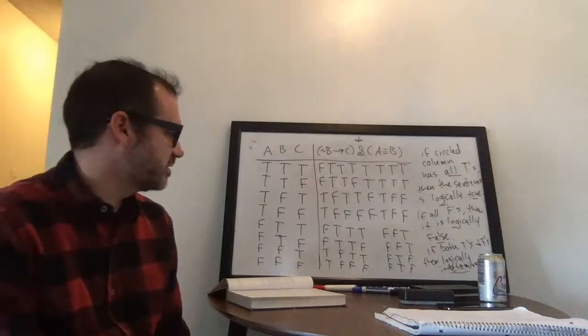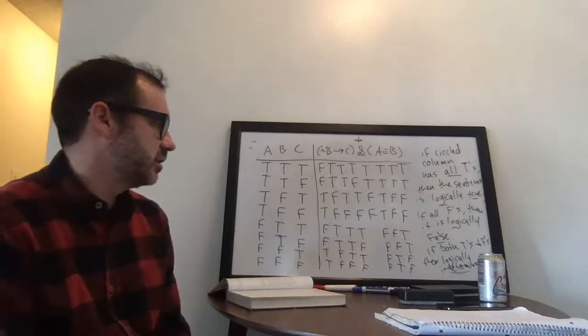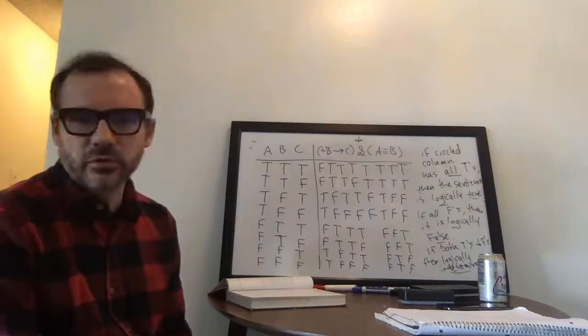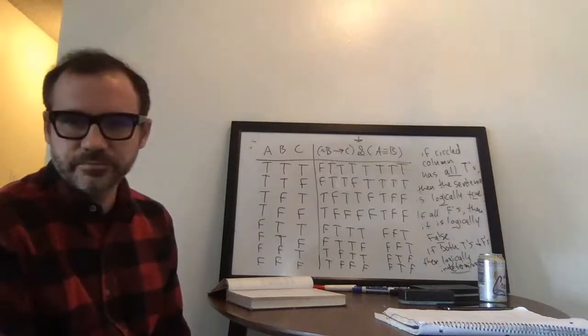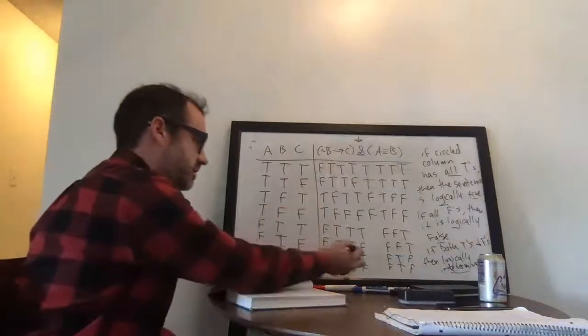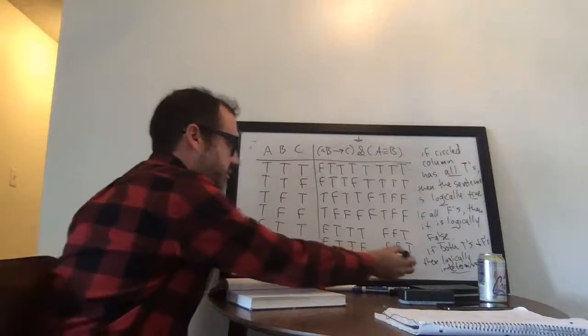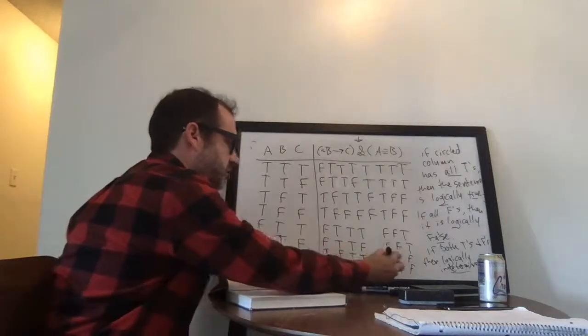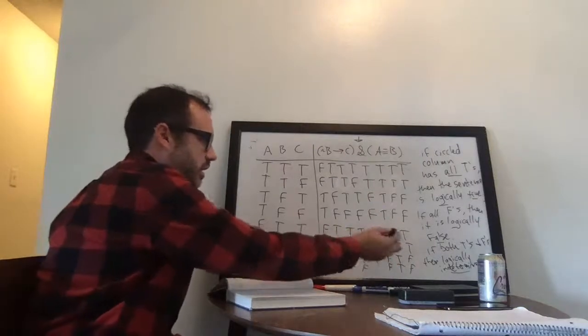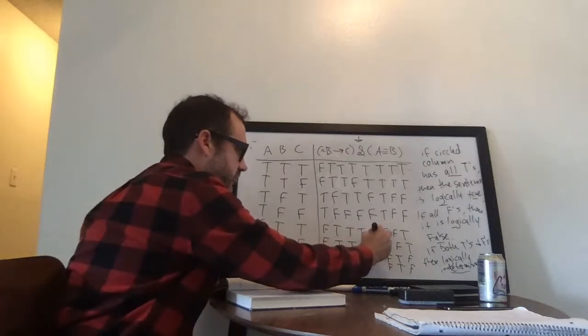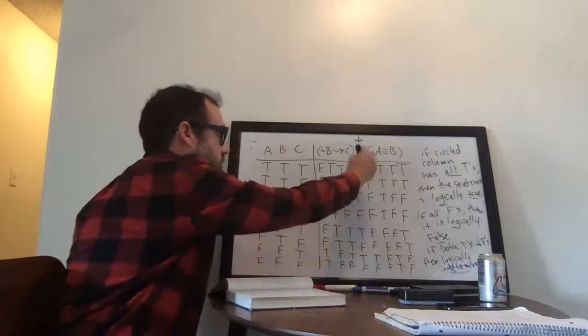Out of 5, 6, 7, and 8, tell me which ones of those 4 are actually true. Yes, only row 7. Only row 7 because of this T here and this T here. Since all others have at least one of the components on the left or right as false, they're each false aside from that one. So we're done with the table.